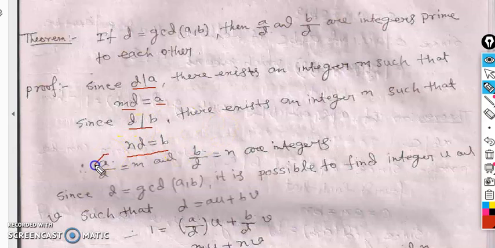So A by D becomes M, and B by D becomes N. Both are integers.